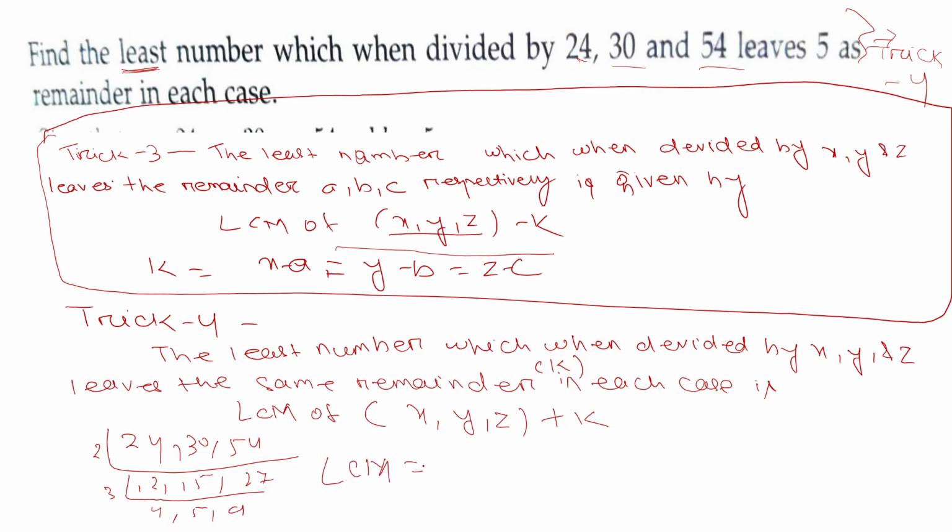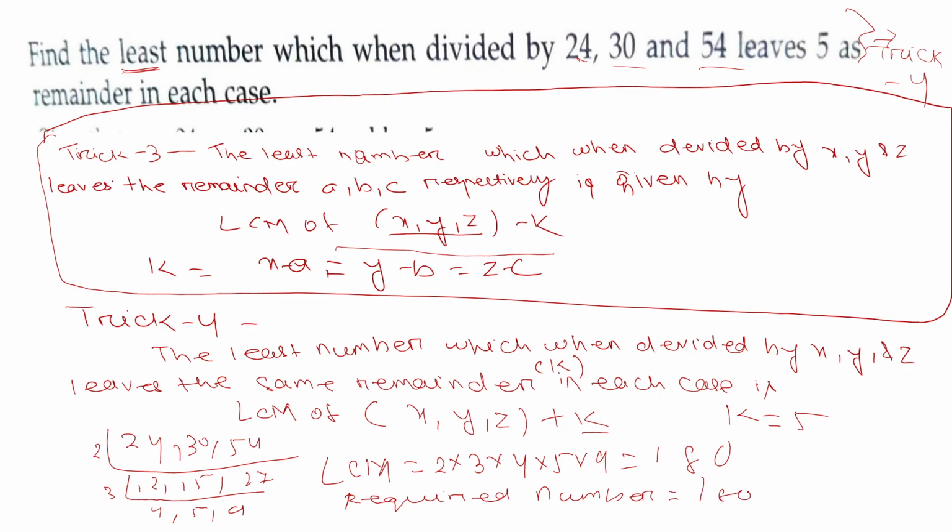LCM will be 2 into 3 into 4 into 5 into 9, that is 1080. And according to the rule, what is the remainder? K is given as 5, the same in each case. So the required number is the LCM of xyz plus 5, that is 1080 plus 5, equal to 1085.